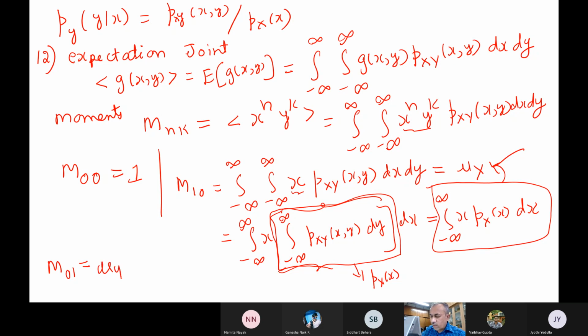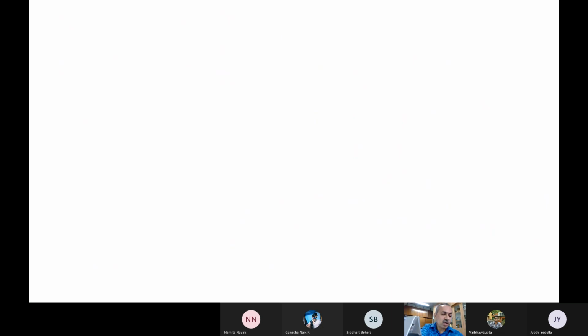The explanation will be the same, with y instead of x. If you integrate over x, you will get the marginal density function of y, so it becomes y into py of y dy, which is automatically mu y. This is a very important observation.